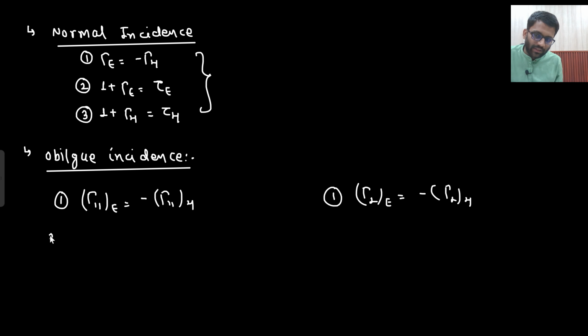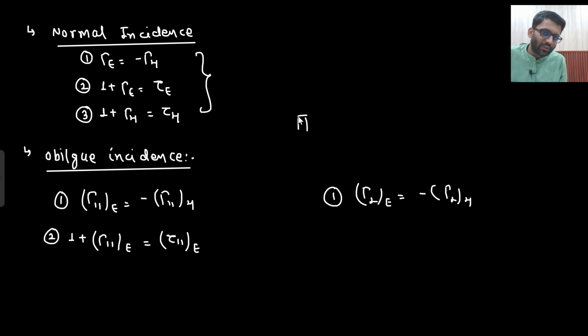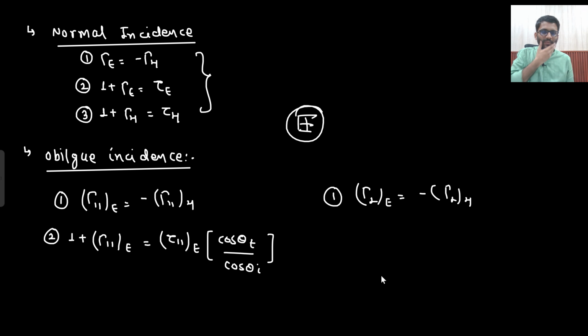But for this formula, 1 plus gamma parallel E is equal to tau parallel E, since parallel is not happy with electric field, what we need to do is add something. That would be cos theta T divided by cos theta I. Is that clear to you? Now, I have written this for electric field.